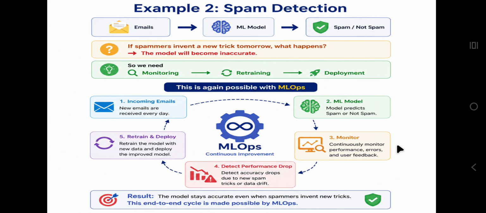I'll take one more example. This example is about receiving a mail and identifying whether it is a spam mail or a genuine mail. We already have some machine learning models which identify an incoming mail based upon some symptoms, or we can say some parameters or learned things.